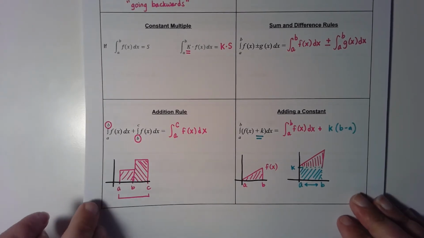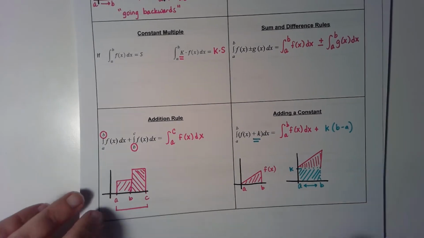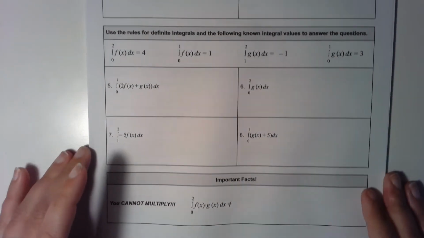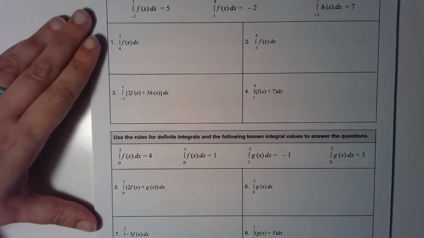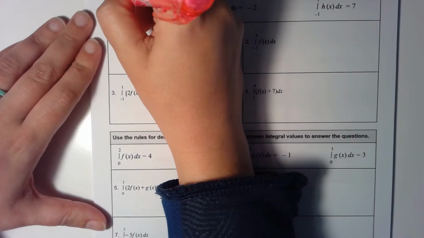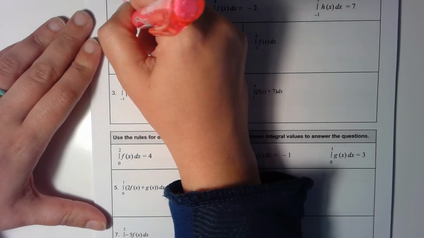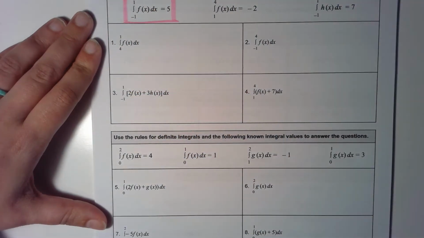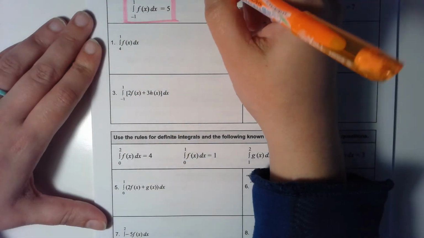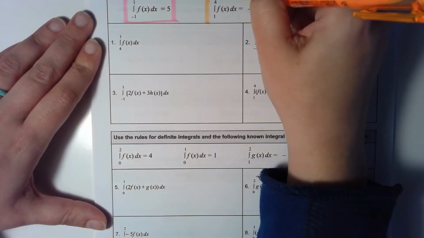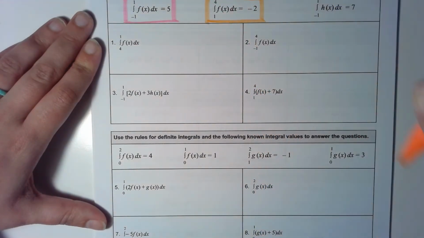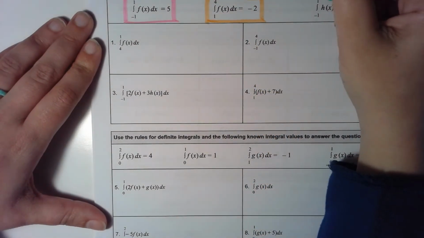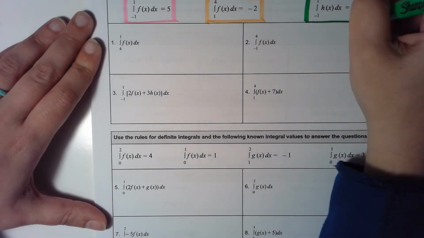So let's look at some of these problems and see if we can figure them out using these properties. The first problem says that we know that the integral from -1 to 1 of f of x is worth 5. We know that the integral from 1 to 4 of f of x is worth -2. And we know that the integral from -1 to 1 of h of x is worth 7.